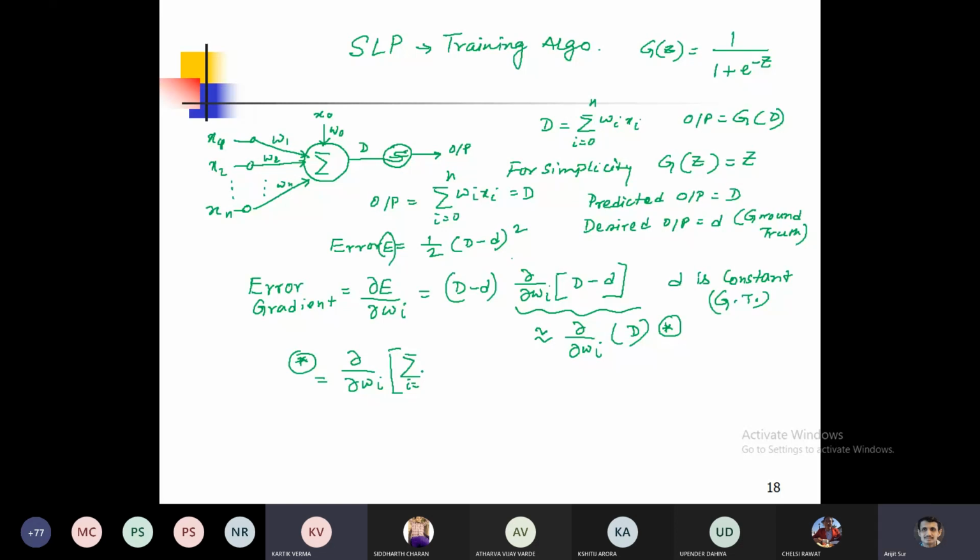Okay, the bias term we neglect. So this is sum from 1 to n of wi xi. It's not a big issue. You can put a bias term also. Nothing.